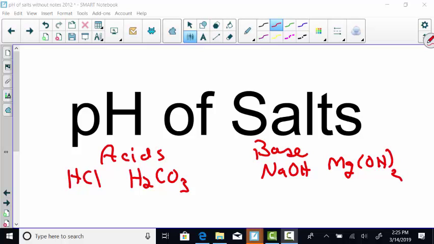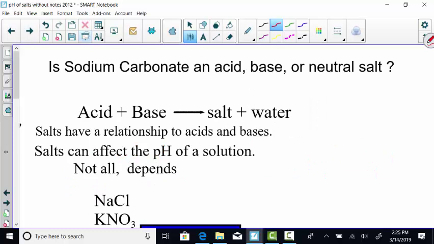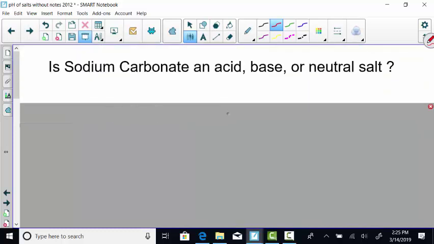But here's what happens. In the chemistry world, nothing can be simple. So what happens is, can something like sodium carbonate be an acid or a base? Or could it be neutral? Because if you look at the formula of sodium carbonate, the formula is just NaCO3.